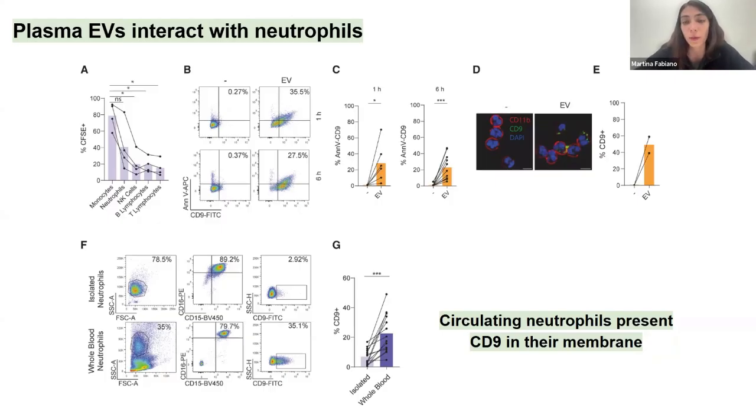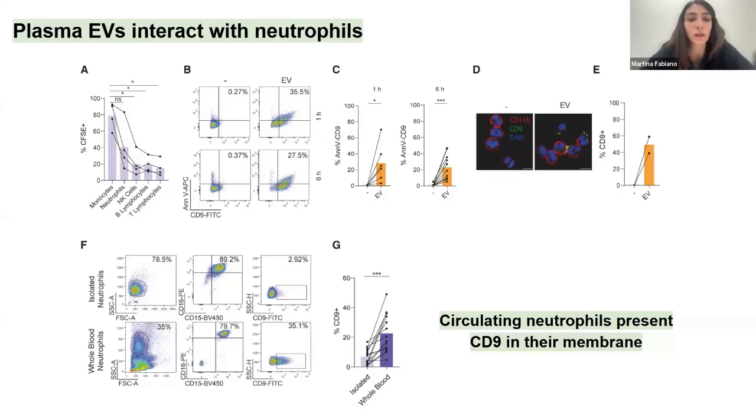Basically, we analyzed PBMCs, in which we analyzed monocytes and natural killer cells, B lymphocytes and T lymphocytes, and we also analyzed neutrophils, the polymorphonuclear cells.